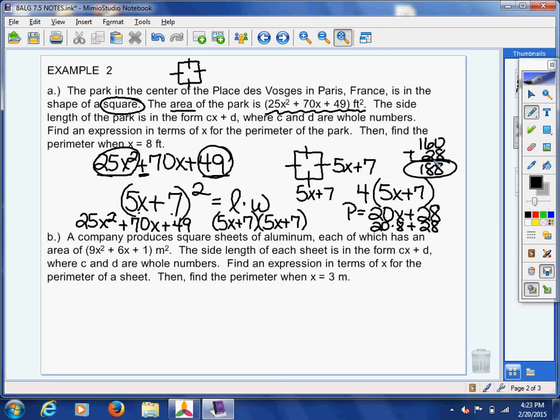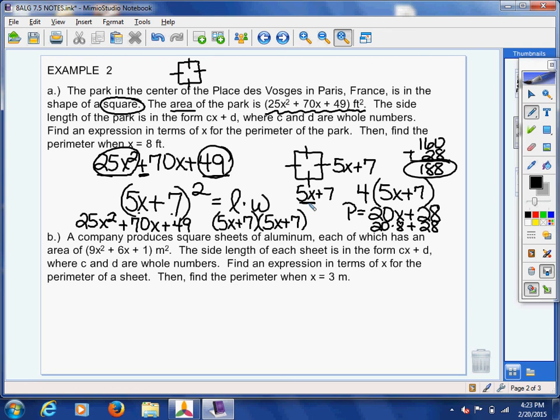Are there easier ways to get to that? Sure enough, I totally agree. I think you could have probably just come right here, plugged in your 8. 5 times 8 is 40, and 40 plus 7 is 47, and then just multiply 47 times 4, because you have 4 sides.